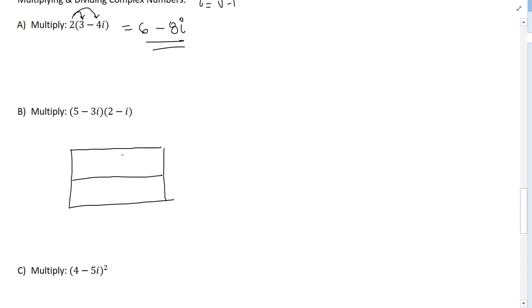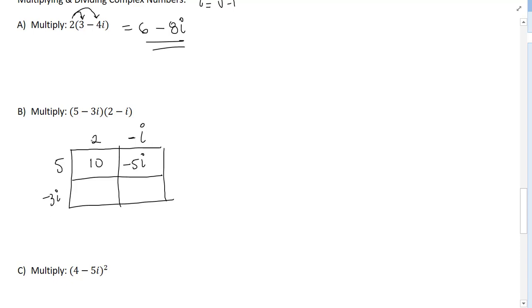And so what I do is create the box, and then my first binomial 5 minus 3i, so I'm going to do 5 and negative 3i, and then 2 minus i is the other one. And then we multiply. It's kind of like finding the area of each little box. So the area of this first box is 5 times 2, which is 10, and then 5 times negative i would be negative 5i.